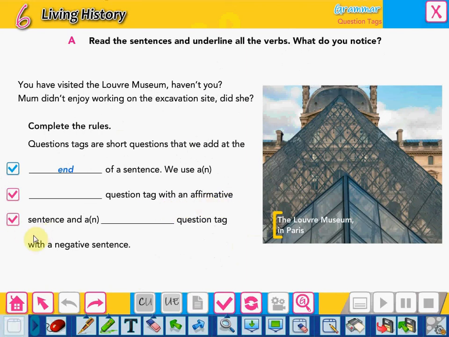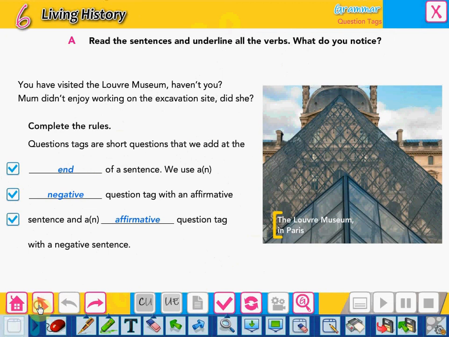Do you remember we said if the sentence is affirmative, which question tag we use? Is it positive or negative? Negative, very good. And space, question tag with a negative sentence. So if the sentence is negative, we're going to use affirmative question tag.